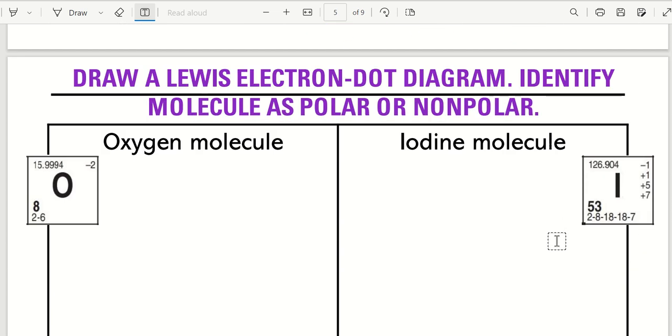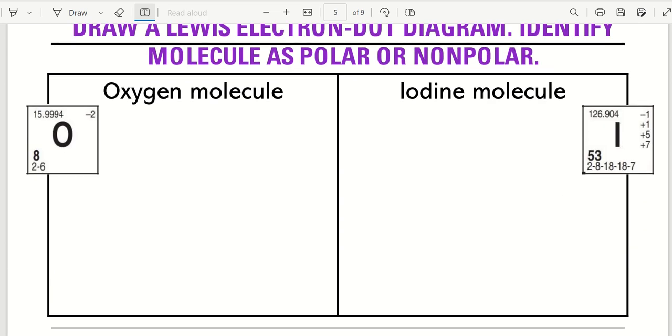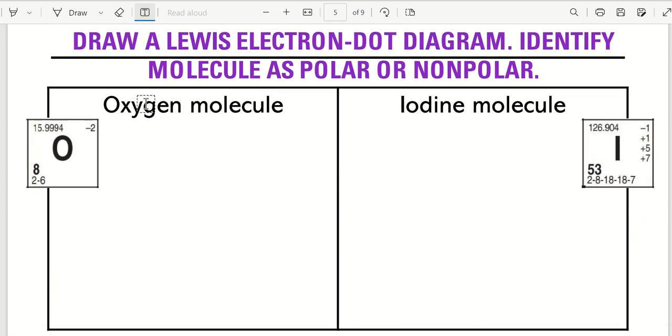So let's just investigate this. All right, draw a Lewis electron dot diagram, identify the molecule as polar or non-polar. All right, oxygen. So we are drawing Lewis dots, right? Valence electrons. So oxygen, 6: 1, 2, 3, 4, 5, 6.